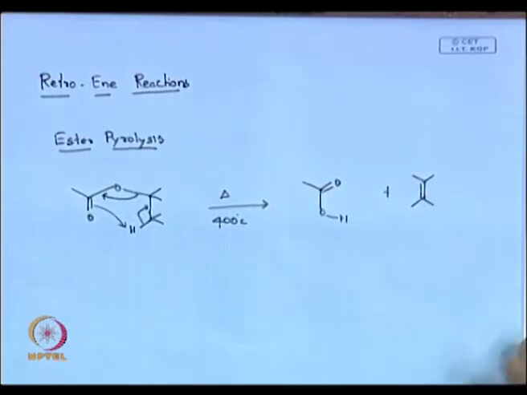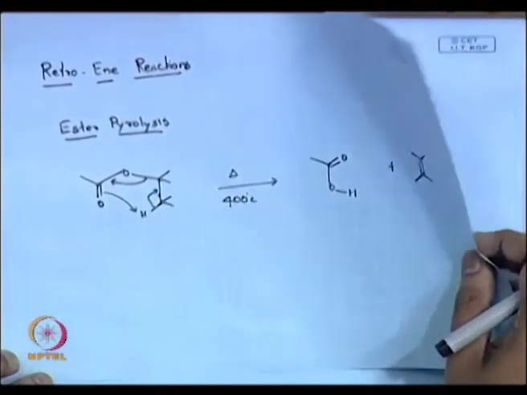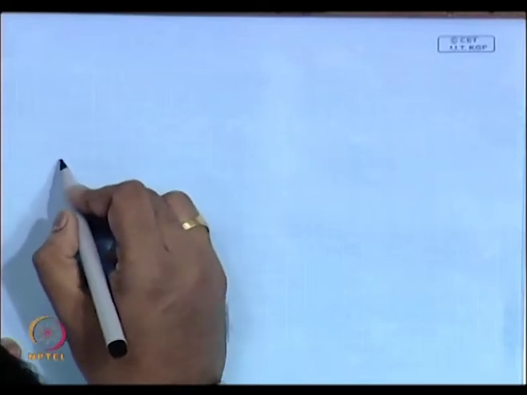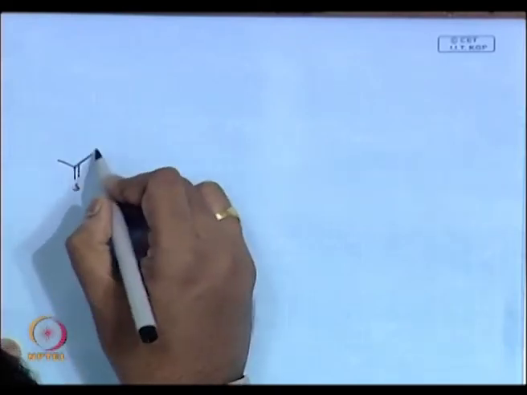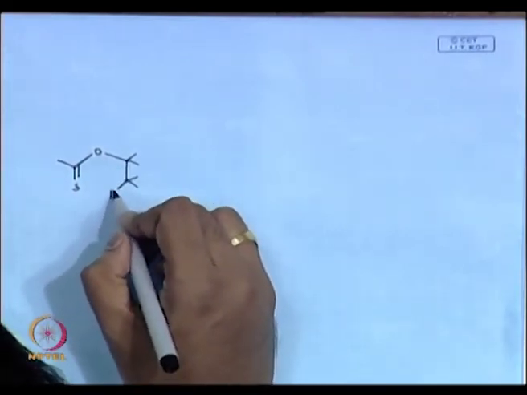Right. And there are other retro ene reactions you can think about. See, instead of this ester, if I take a thioester, any reaction comes to your mind, right? If I have a system like this, a famous reaction, name of the reaction.